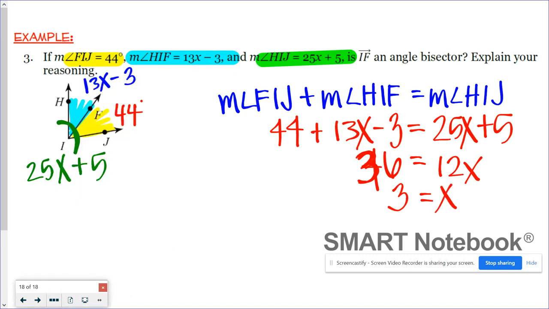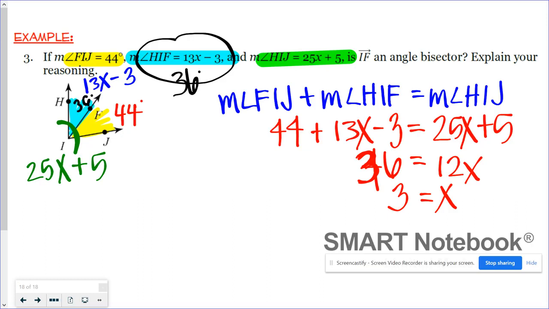So I know FIJ is 44. If x is 3, I can figure out what the measure of HIF is. And I get 36. So this angle right here is 36 degrees.